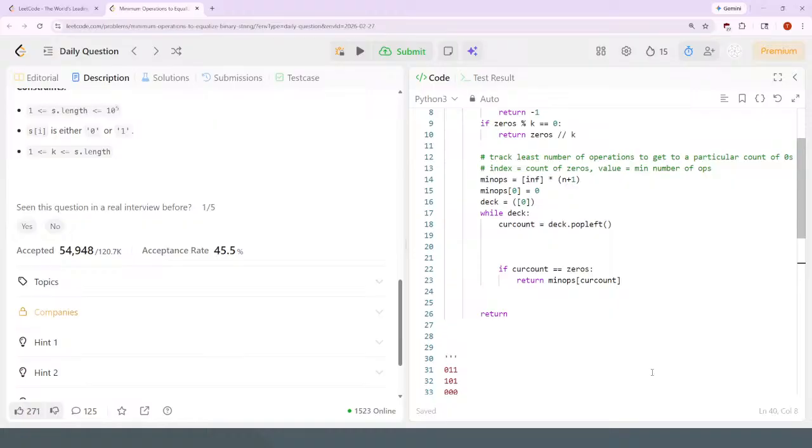Going upwards by K each time. But then if going upwards by K is past the length of the string or more than the number of zeros, then I have to go down.